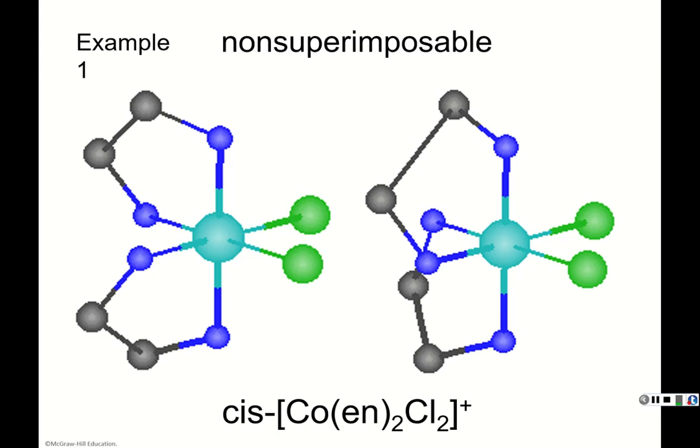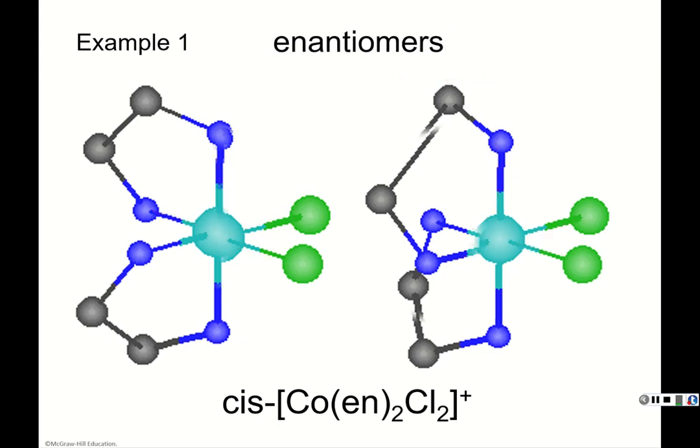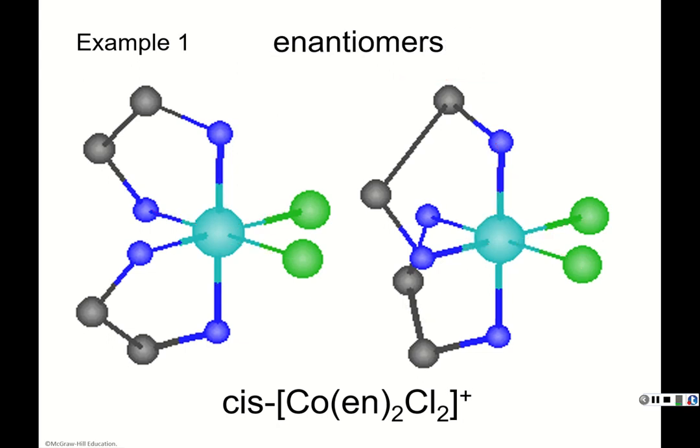And if you try to superimpose them, if you move this one back over here, you see that the chlorines would match up. The chlorines are going the same direction, but now the top EN group is coming out of the page and up, and on this side it's going into the page and up. So those would not superimpose on each other. And this is just another way of seeing that.